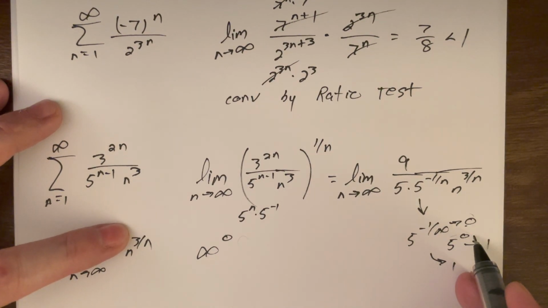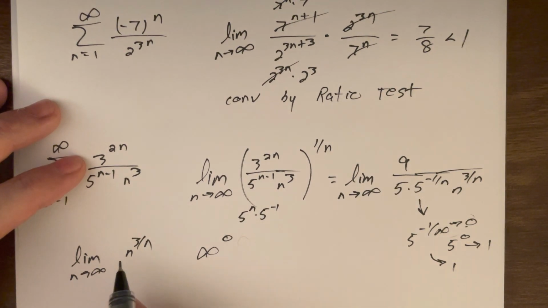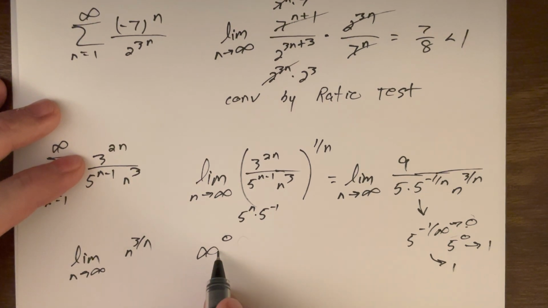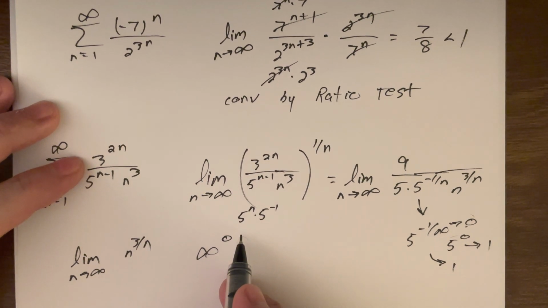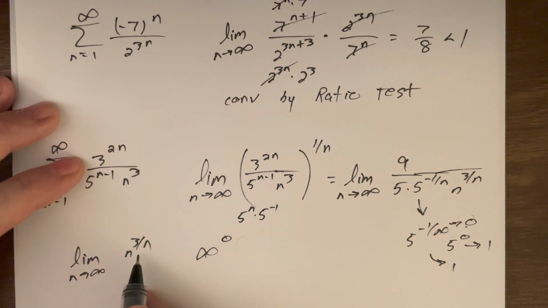But 5 to the 0 was fine. Here we still have an n, and n is also going to infinity. So that's why I'm getting infinity to the 0. And if we remember, that's not so trivial. That is indeterminate. This is where I need the log.